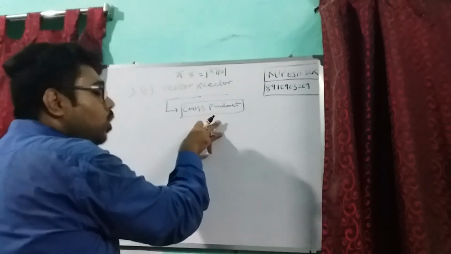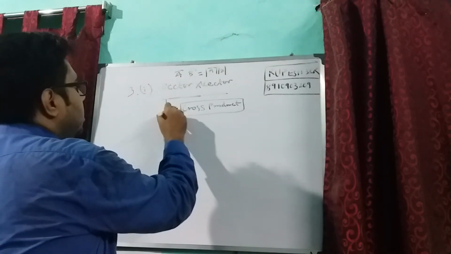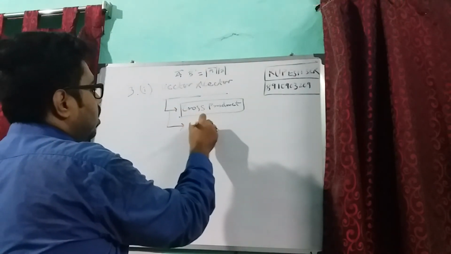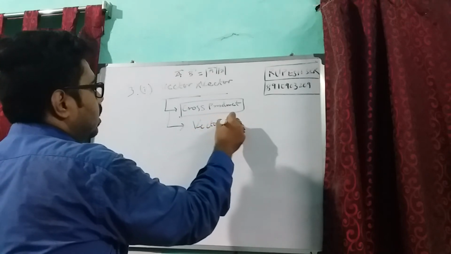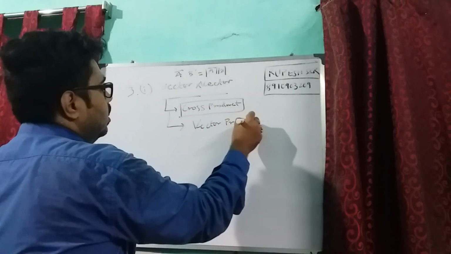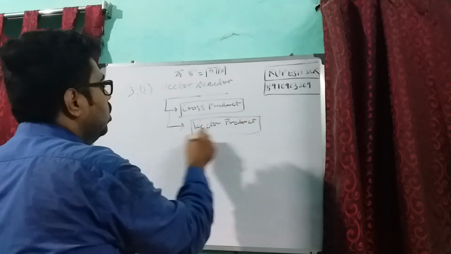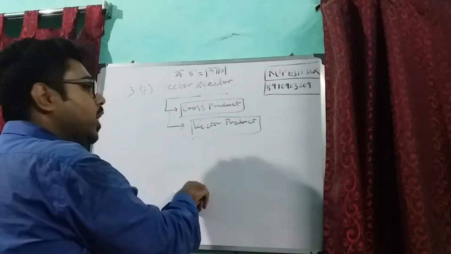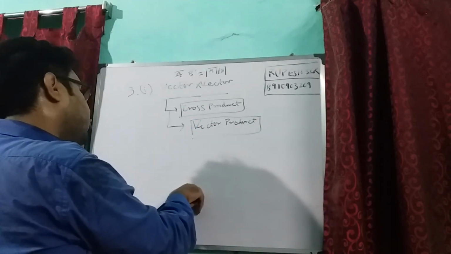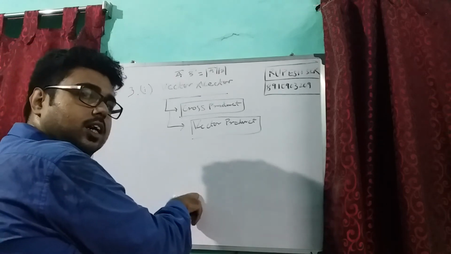It is also known as vector product, since when you cross product two vectors we will have a vector quantity as result.